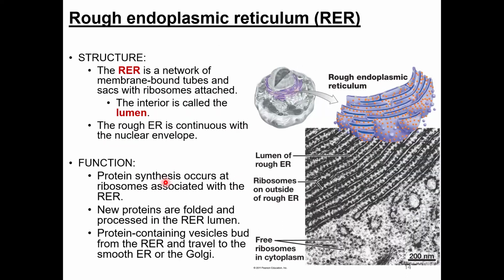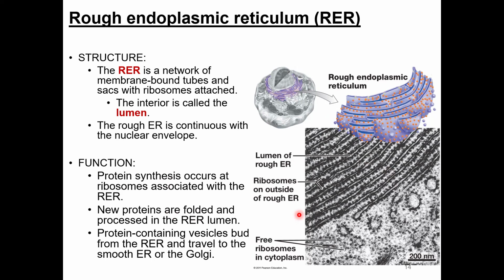So now we have the rough endoplasmic reticulum, or the RER. This is a network of membrane-bound tubes and sacs with ribosomes attached. It also has an interior like a lumen, and the rough ER is continuous with the nuclear envelope itself. What this component of the cell does is allow protein synthesis to occur at the ribosomes associated with the rough ER.